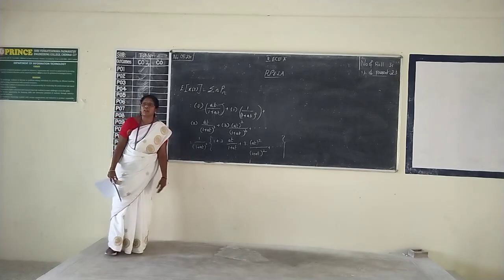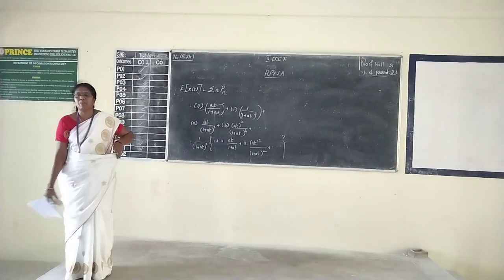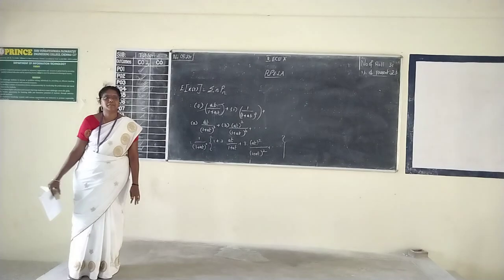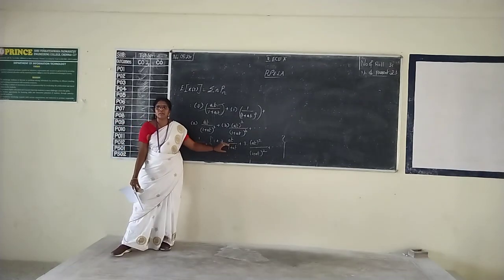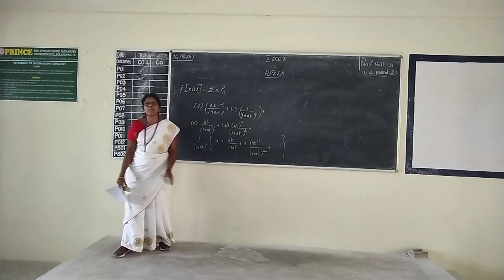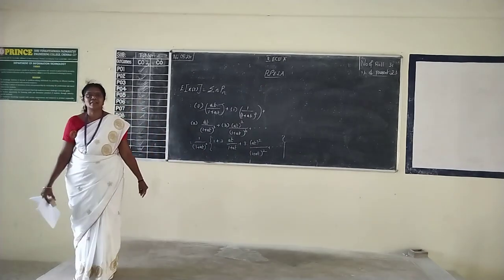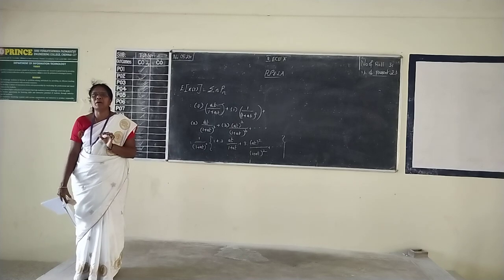Then what is this formula? Remember this as x. So what is the formula? 1 plus 2x plus 3x square plus 4x cube etc. What formula? 1 minus x the whole power minus 2.